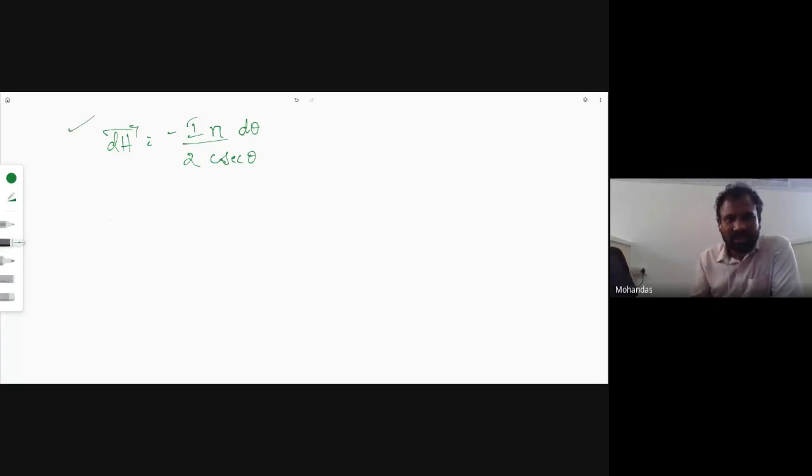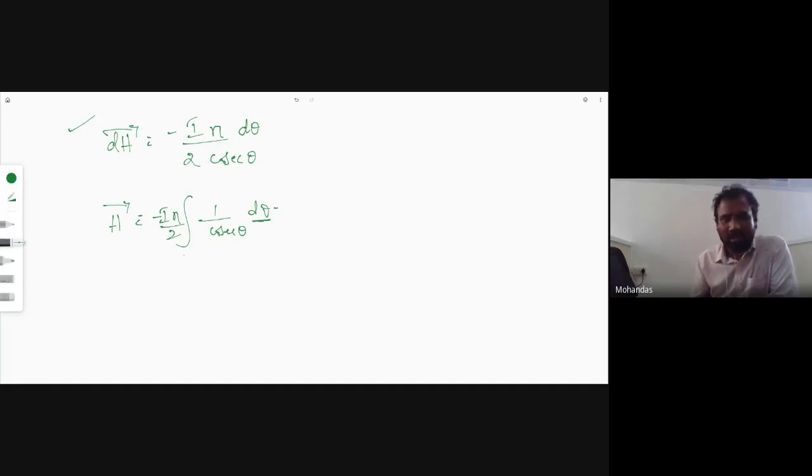Then, what is the total magnetic field intensity at the field point P? We have to do integration. H equal to integral. Can I take I and n out of the integral? Minus I n by 2, 1 by cosecant theta d theta. And what are the angles for d theta here? One is the upper angle, another one is the lower angle.